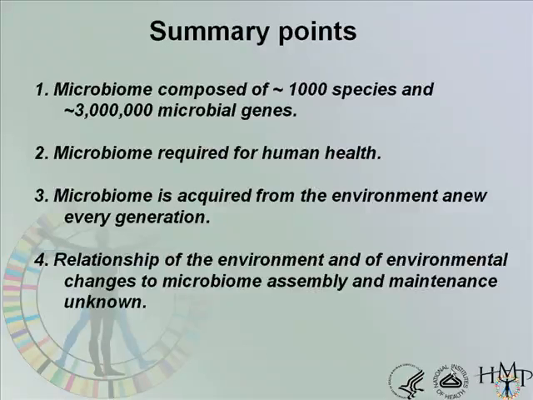Composed of 1,000 species, 3 million genes, and so on. Okay. Yes, so Lita, one of the things that I found fascinating was your discussion of the environment and the pathogens being in the environment. On the flip side of that, a really interesting thing is that if you look at the genera of the human microbiome, take something like Neisseria. Neisseria gonorrhea is thought to be a dedicated human pathogen.